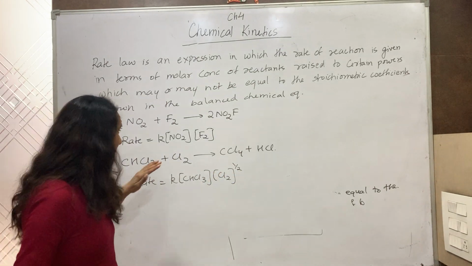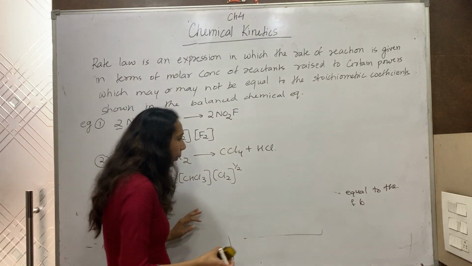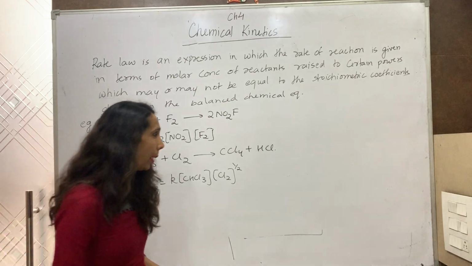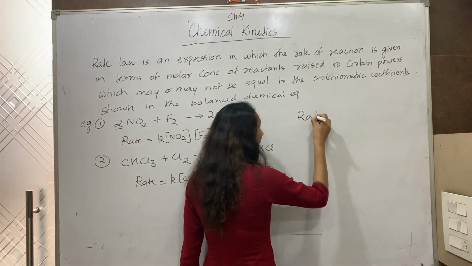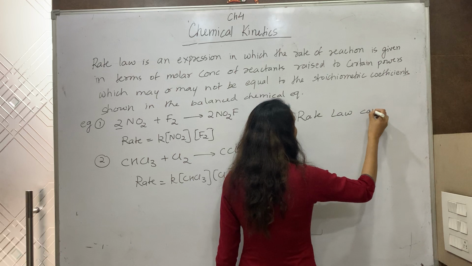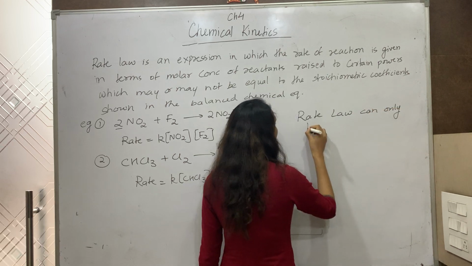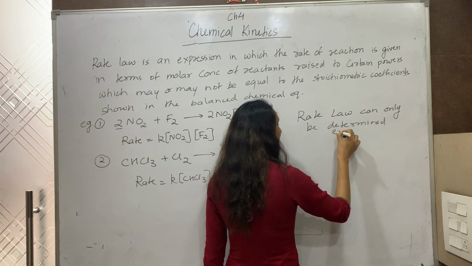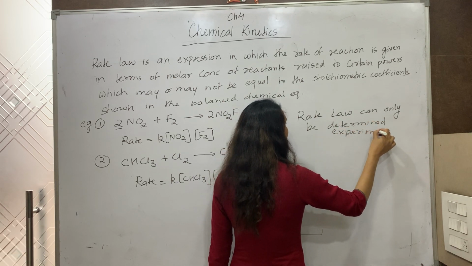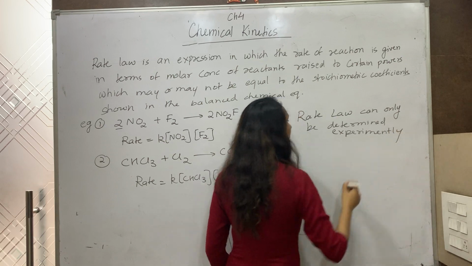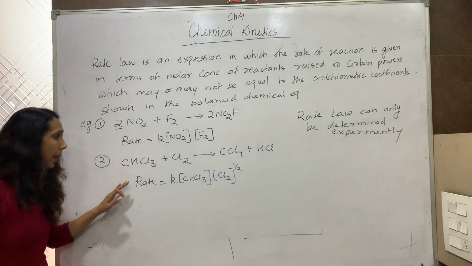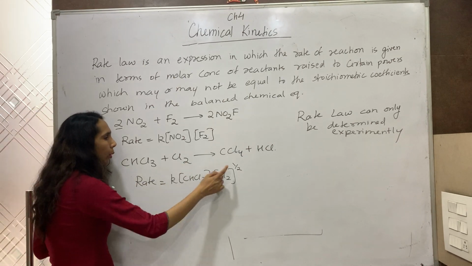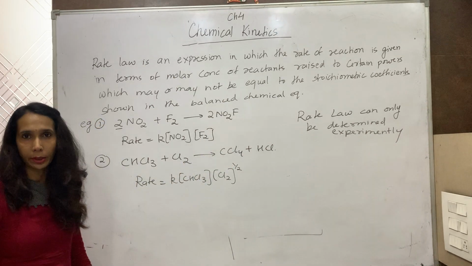And by seeing this equation, I cannot write this expression. Rate law, you have to remember, can only be determined experimentally. I cannot determine it theoretically from this equation. From this equation, I will never come to know that Cl2 is to the power half.